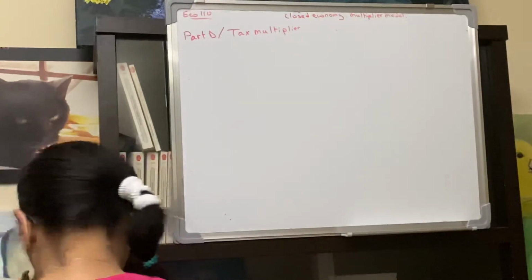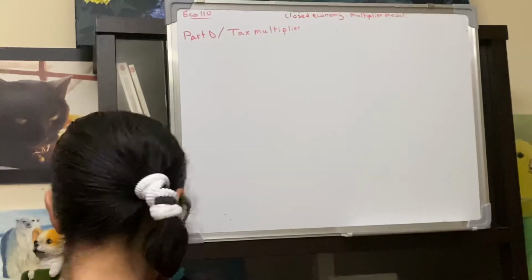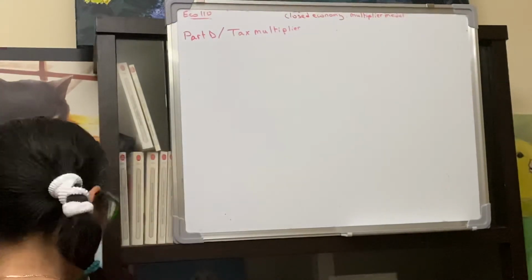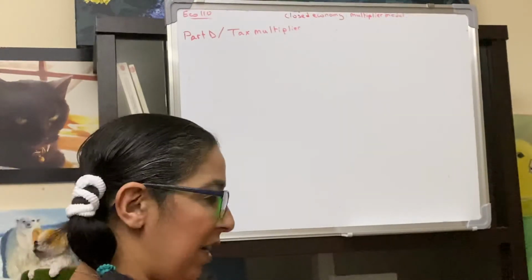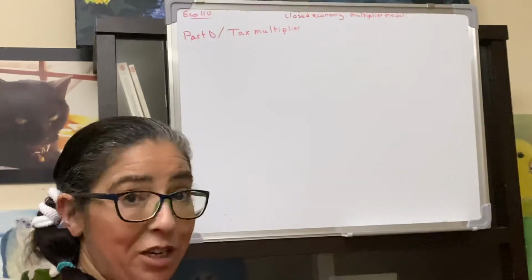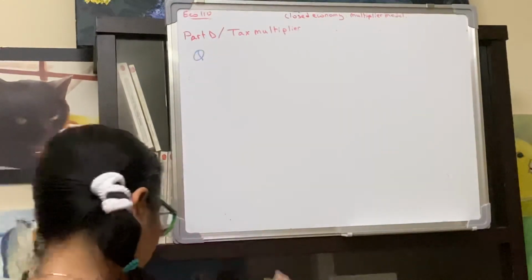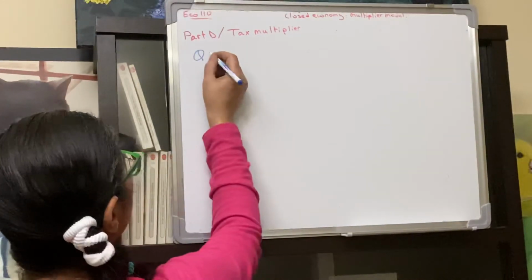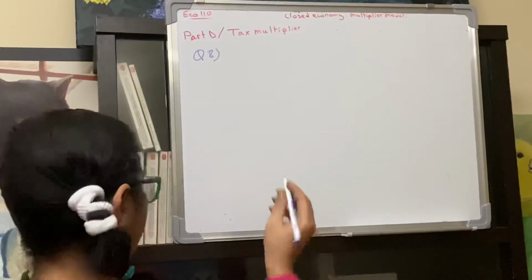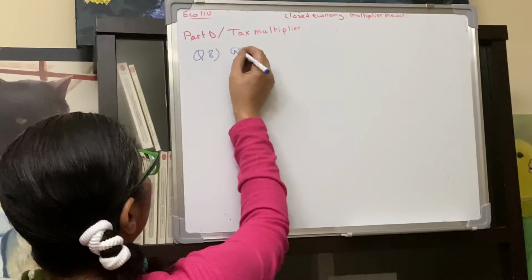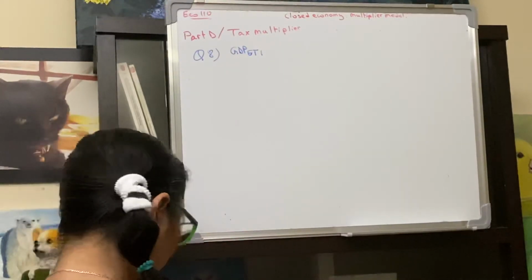Here we go. So, the next question, question 8. We're continuing the same exercise we have done in the quiz simulation, okay? So determine GDP at ET1. You already have the answer.